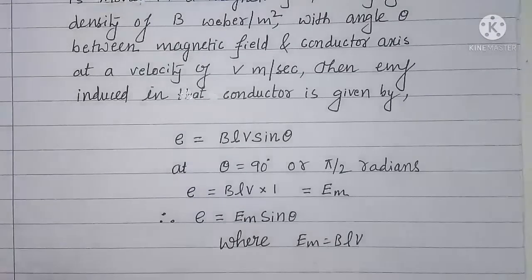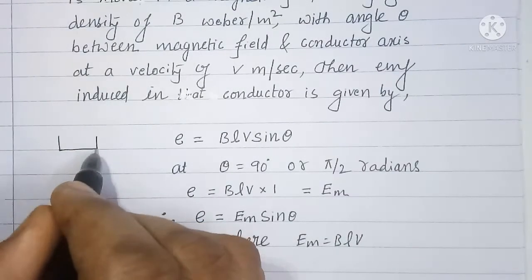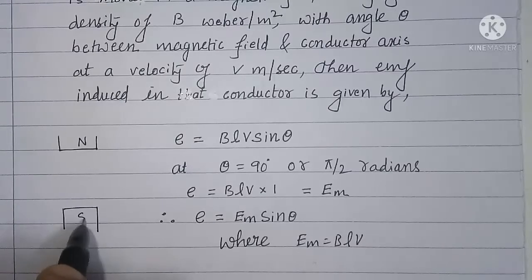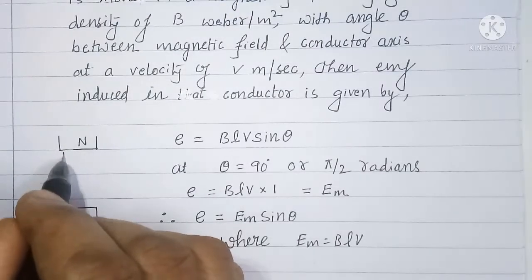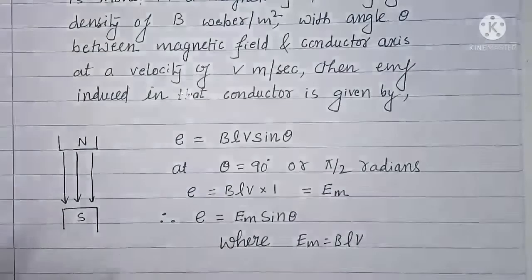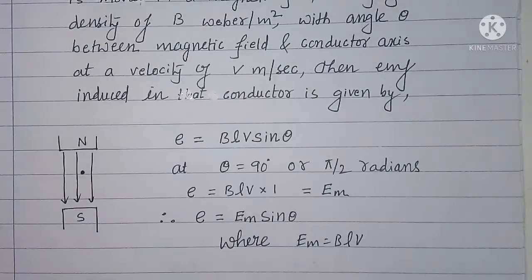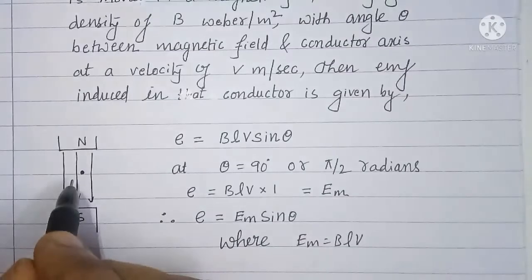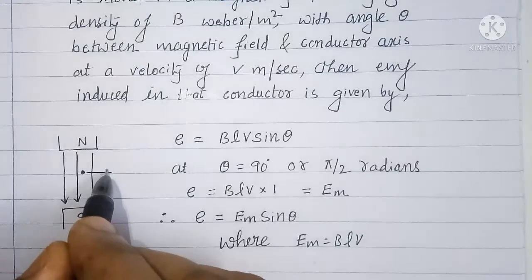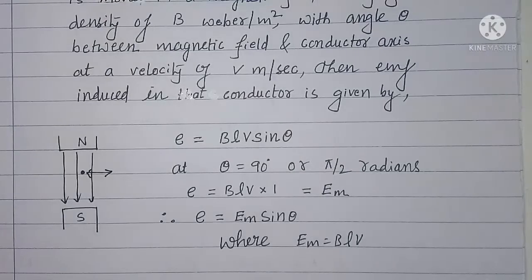For this explanation, if you want, you can have this figure here. Let us say this is N pole and here we are having S pole. Between N pole and S pole there is magnetic field, and there is a conductor, and this conductor may be moved inward and outward of the magnetic field.